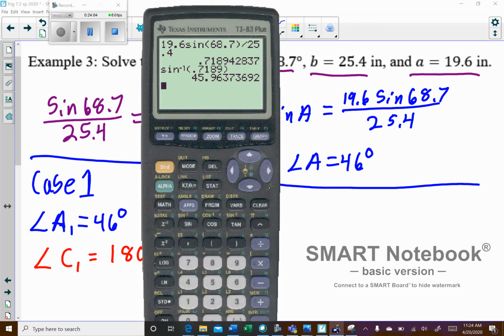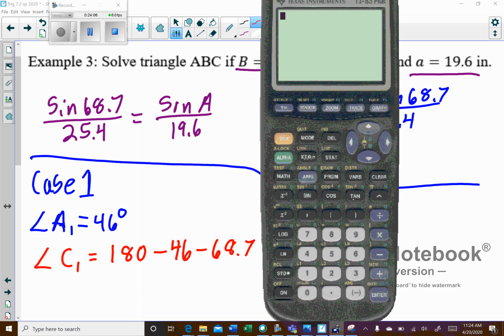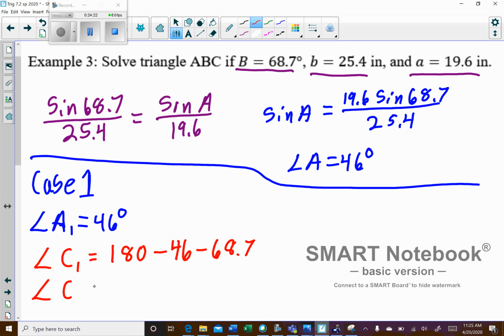So let's go ahead and put that in here real quick. 180 minus 46 minus 68.7. So we're going to get 65.3 degrees. Okay, so now for this first case, we know everything except for side C.